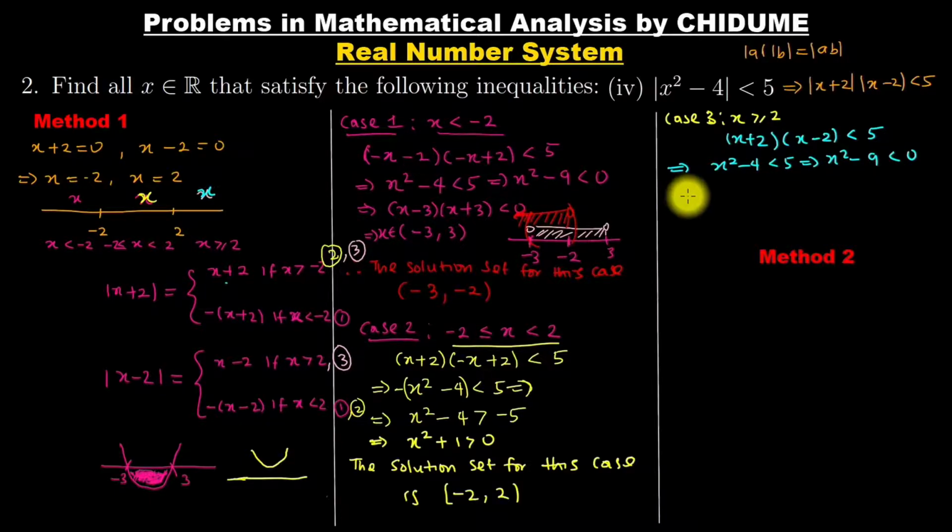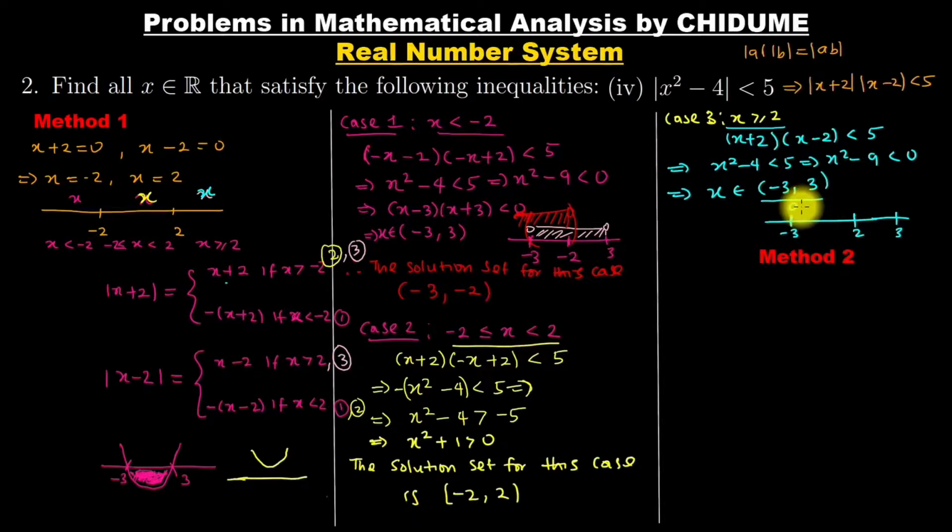And if I solve this quadratic inequality, I'm going to have x belonging to the set (-3, 3). So if I take the intersection of this graph and this graph, I have -3 here, 3 here, and 2 in between them.